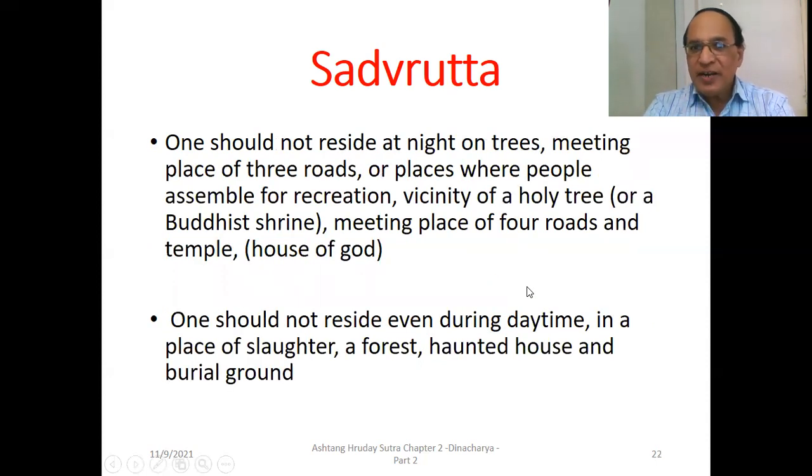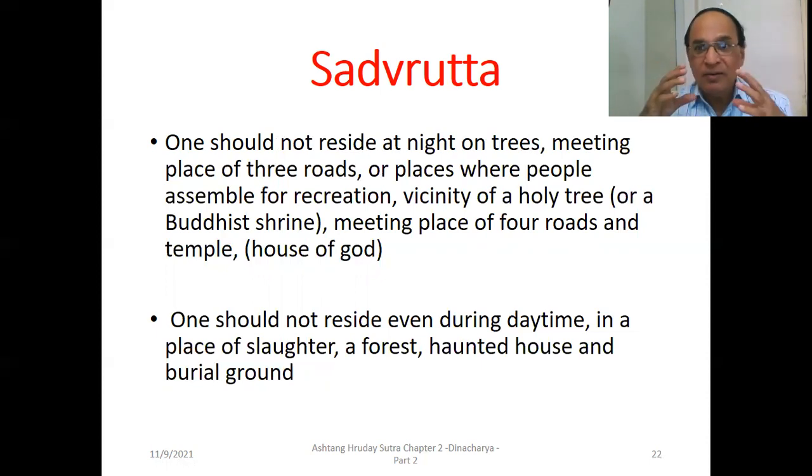One should not reside at night under trees, at meeting places of three roads or places where people assemble for recreation, in the vicinity of a holy tree or a Buddhist shrine, at the meeting place of four roads, or in a temple or house of God. These places have some influence because of the security reason, because of the physical and mental relaxation.